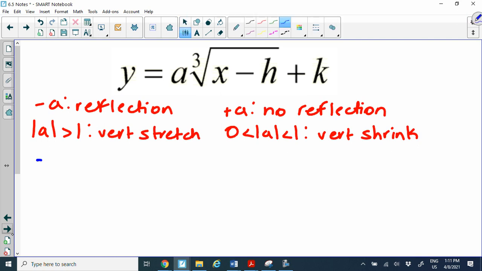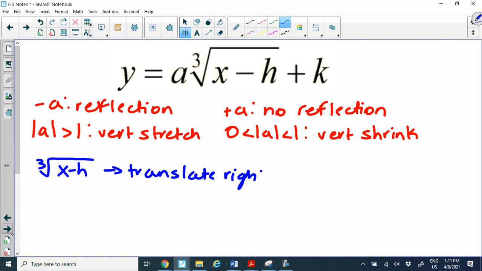When we have the cube root of x minus h, remember h is the opposite of what you see, so that means here we're going to translate right. And if you have the cube root of x plus h, you're going to translate left.